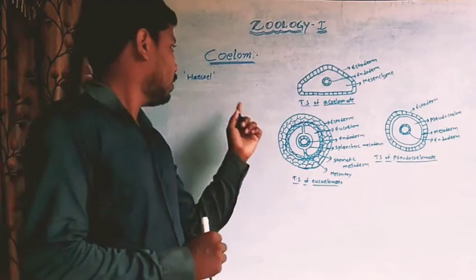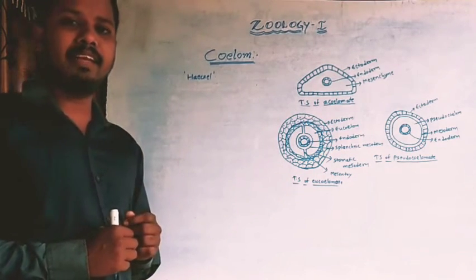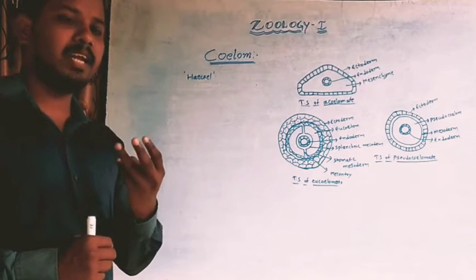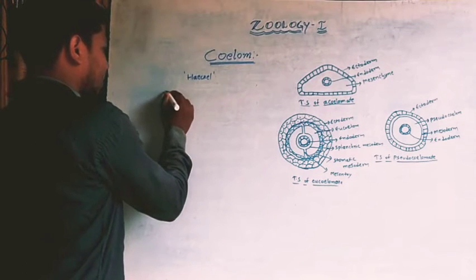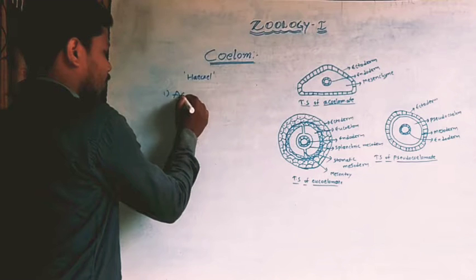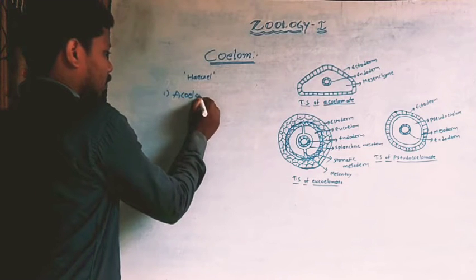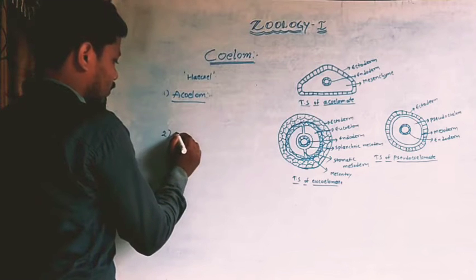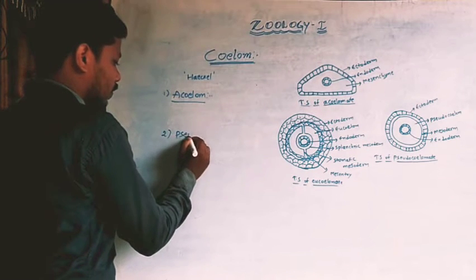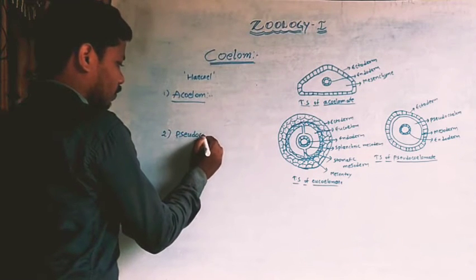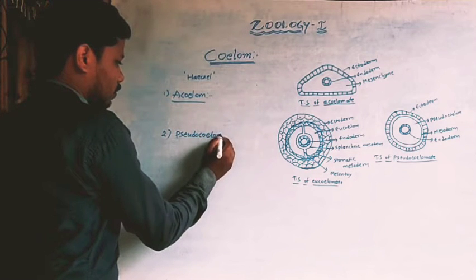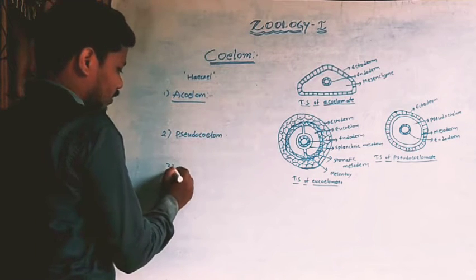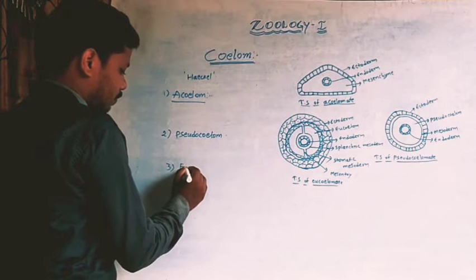Coelom can be divided into three types. One is the acoelom, second one is the pseudocoelom, third one is the eucoelom.